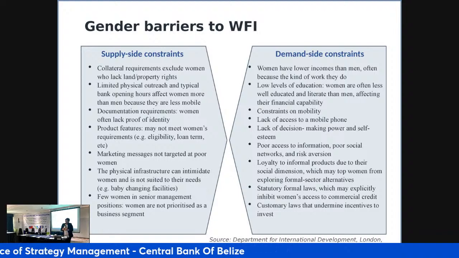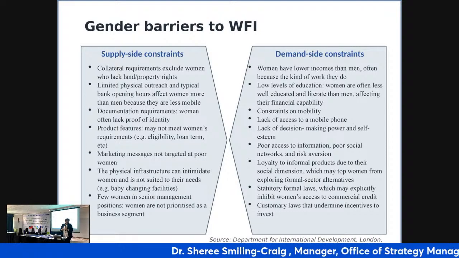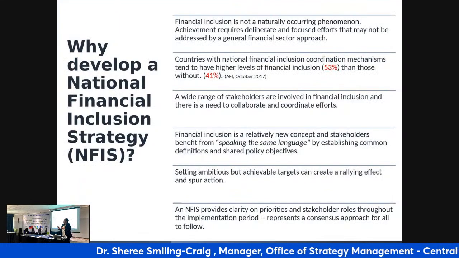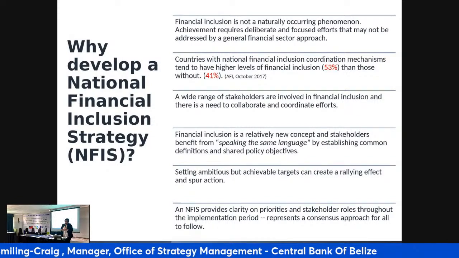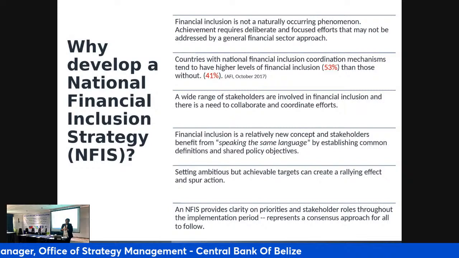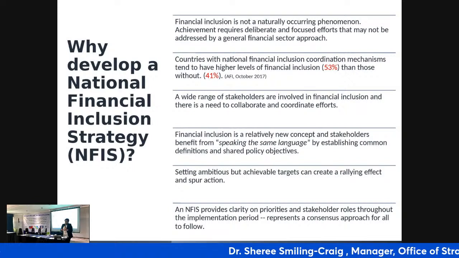They actually helped us to understand that it's not a naturally occurring phenomenon. Financial inclusion doesn't just happen. You have to make it happen. And so it required this deliberate and focused effort that may be addressed generally across the financial sector.